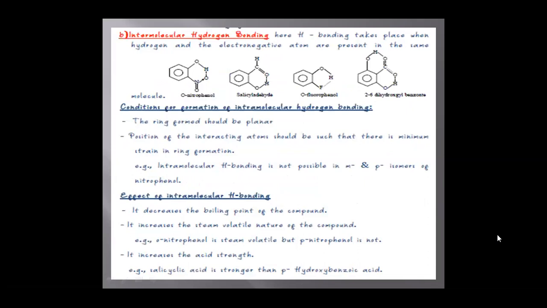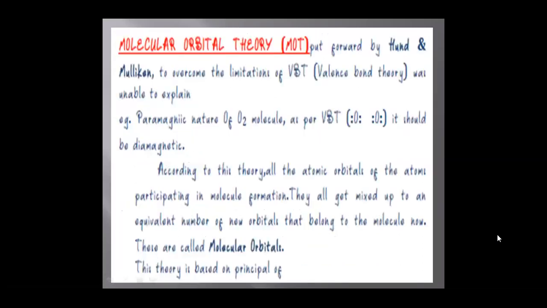Conditions for the formation of intramolecular hydrogen bonding: the ring formed should be planar, and the positions of the interacting atoms should be such that there is minimum strain in the ring formation. The effects of intramolecular hydrogen bonding: it decreases the boiling point of the compound, it increases the steam volatile nature of the compound, and it increases the acidic strength.